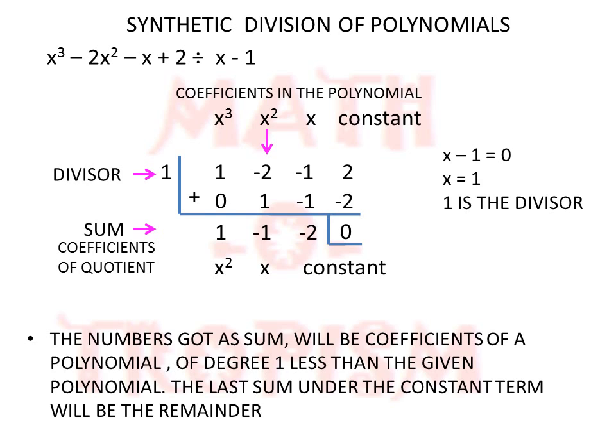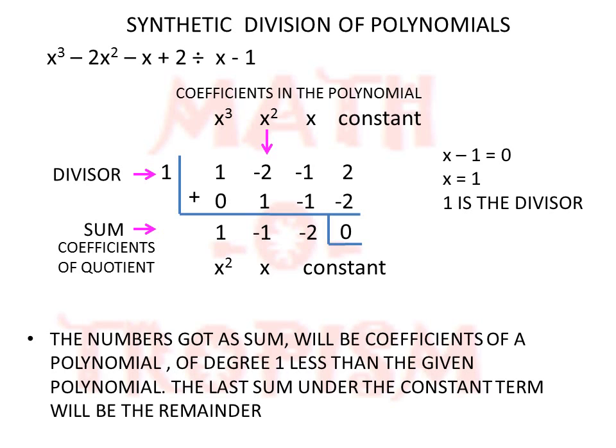So I need to write a polynomial of one degree lesser, involving x square. First 1 is the coefficient of x square, minus 1 will be the coefficient of x, and minus 2 will be the constant term.